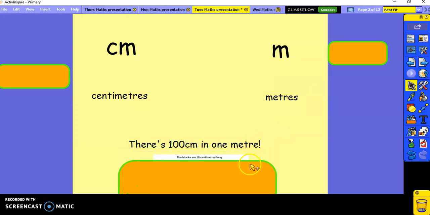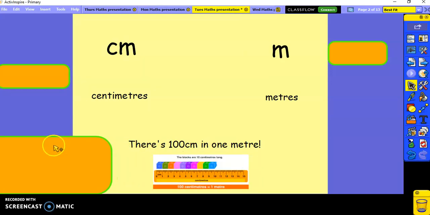Now, remember there is 100 centimetres in 1 metre. So a metre is about the width of what our desks are like in our classroom, and there would be 100 centimetres to make up that 1 metre.